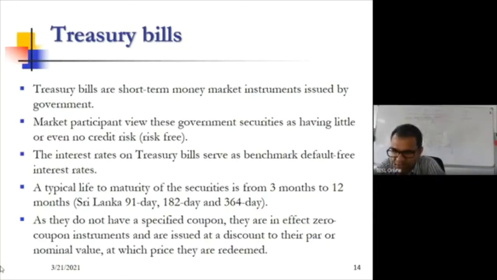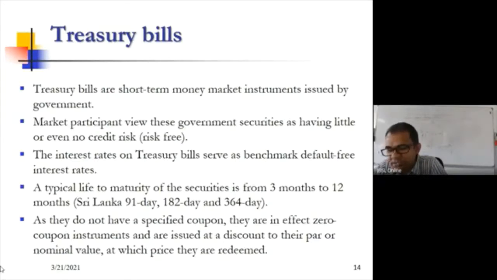If it is 100 rupees, on the maturity date the government will pay you 100 rupees. So if you need some income to generate, at the time of buying you won't pay 100 rupees. You will pay a lesser amount.